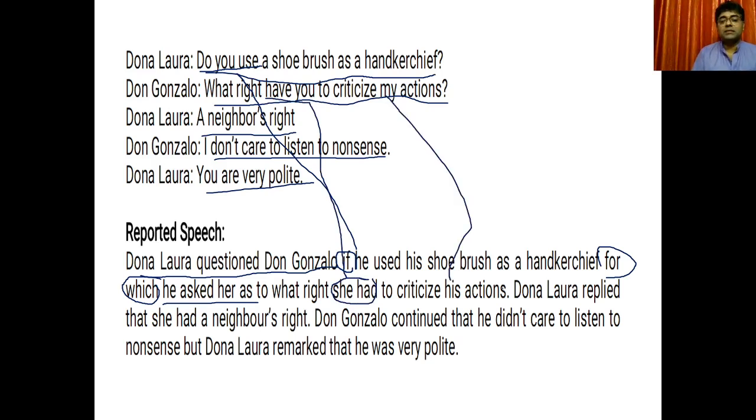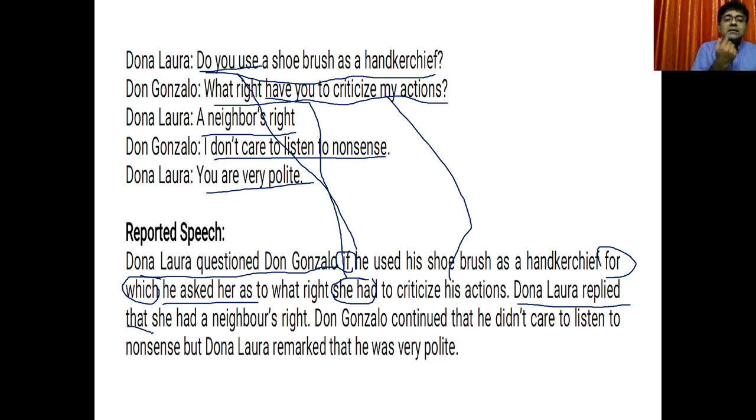See, the question mark disappears. Then Laura, a neighbor's right. Now it is a statement. So Laura replied. You see, we don't say "said" because it was a reply to that question. So Laura replied that, because it is a statement. A neighbor's right is only a phrase, but when we write it into indirect speech, it should be a complete sentence. A neighbor's right means what?